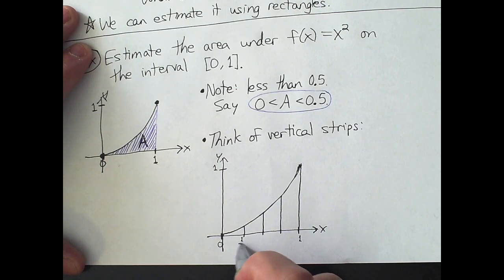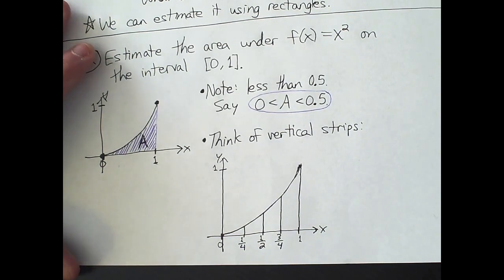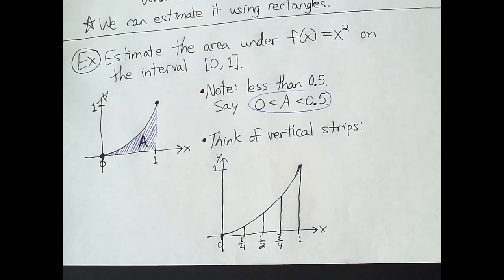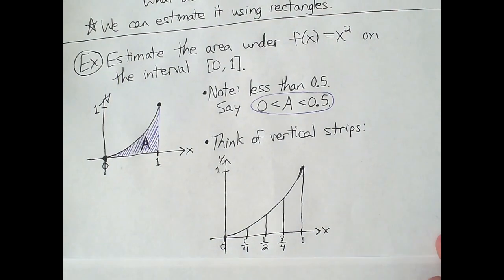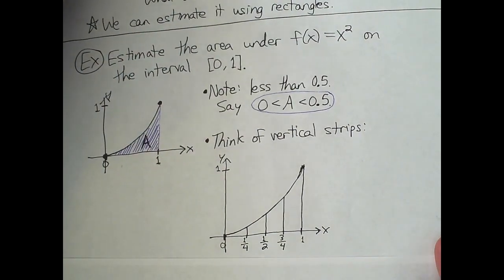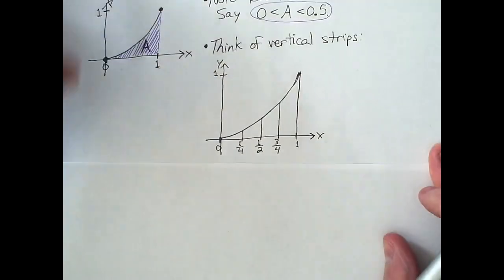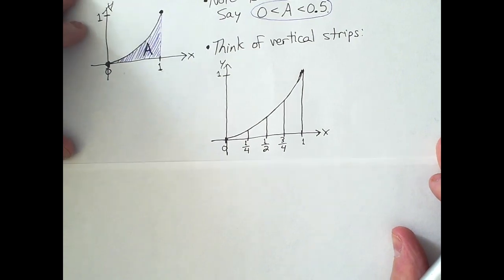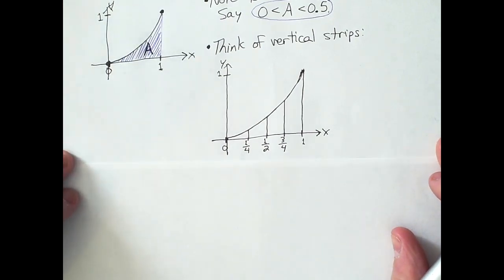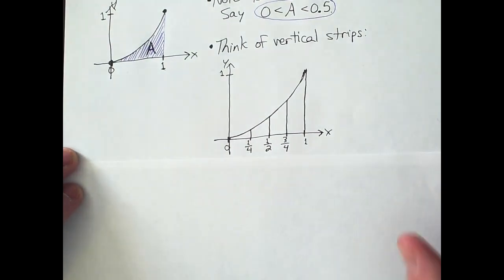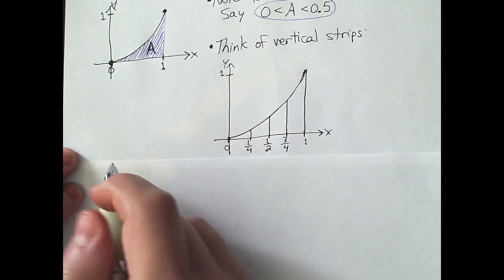So I could mark this 1/4, 1/2, 3/4, and we already have the 0 and the 1 labeled. Do you see that if we could figure out the area of each of those vertical strips, we could just add them all together and that would give us A? So we're taking the area and dividing it into 4 sub-regions.